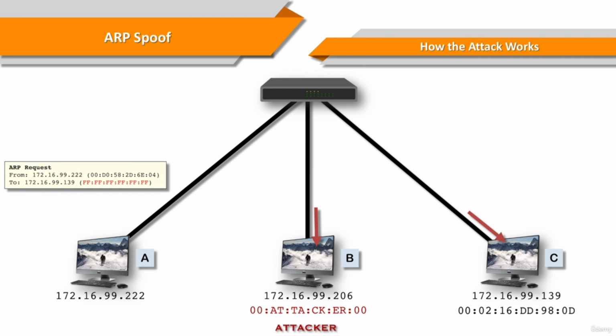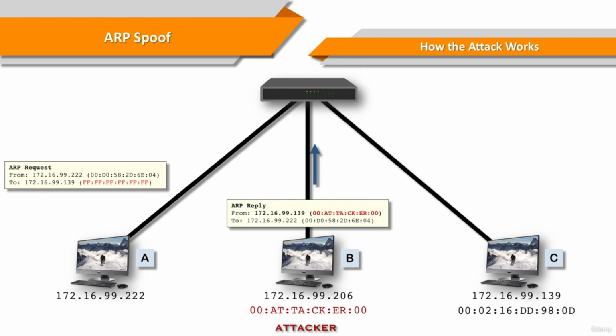So although it's not his IP address, the attacker replies to the ARP request before the real owner. In this ARP reply, the attacker puts his own MAC address corresponding to the target IP address. Computer A receives the ARP reply and stores the address pair in its ARP table, and communication takes place.